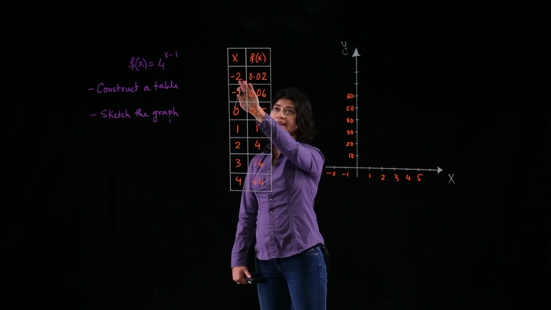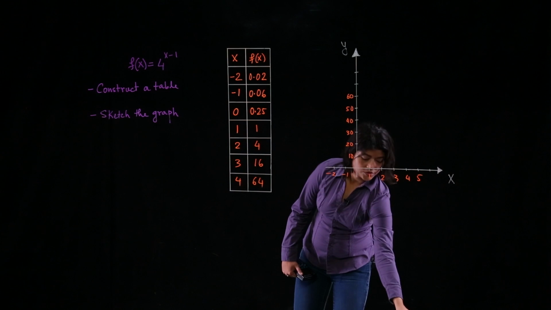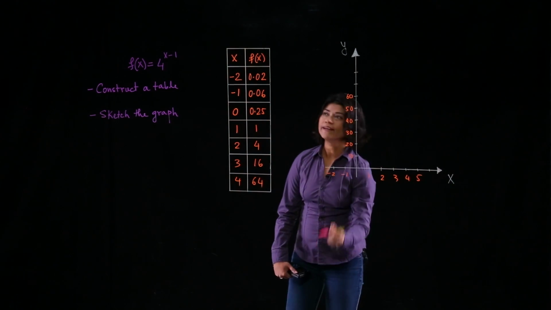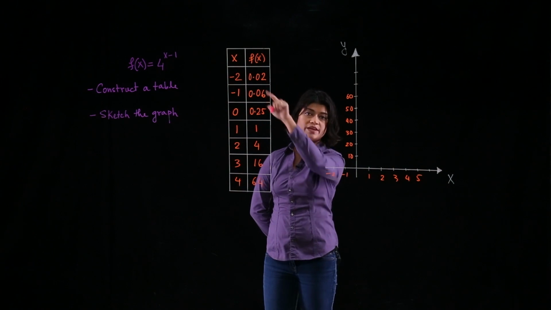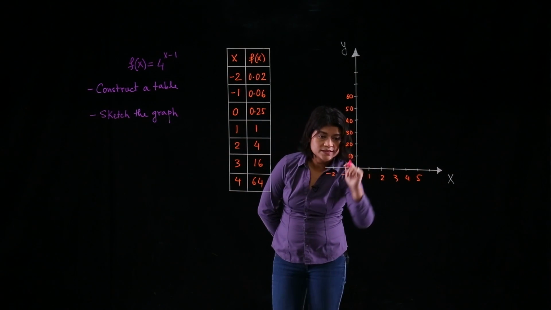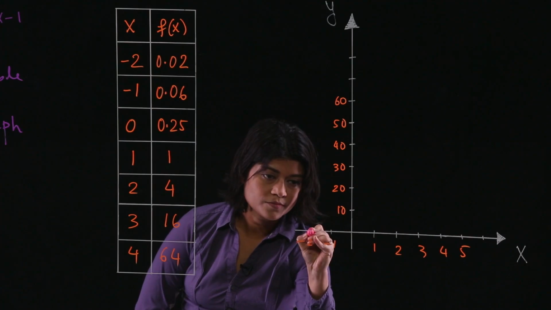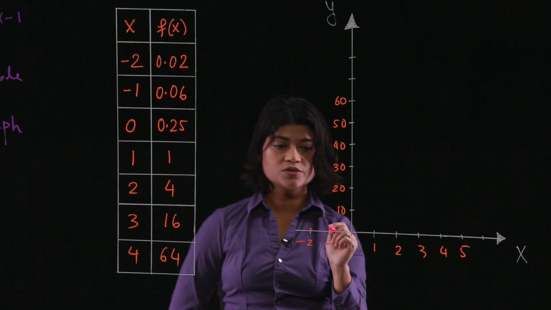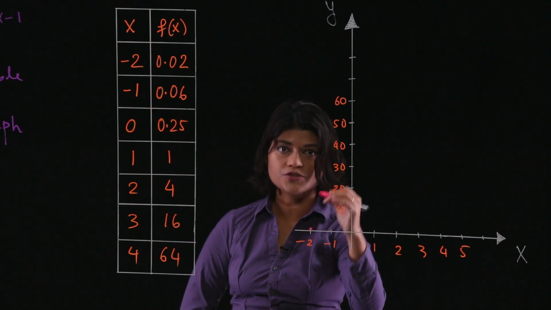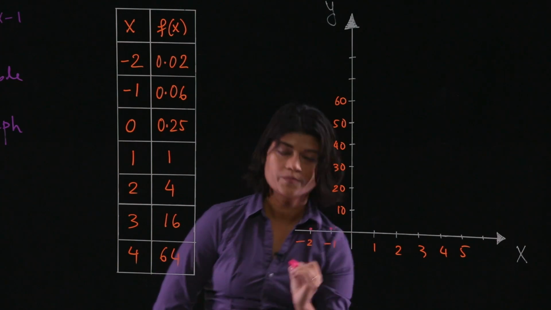First point is -2, comma 0.02. So at -2, y value is very, very close to x-axis. And this length is 10, so 0.02 is somewhere here. -1 is 0.06, so a little bit higher than 0.02, but still pretty close to x-axis.